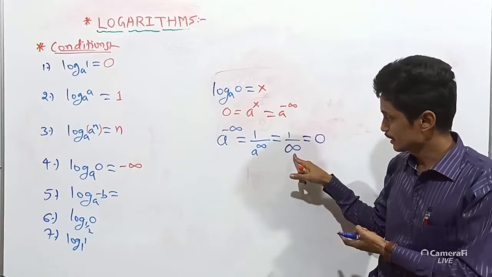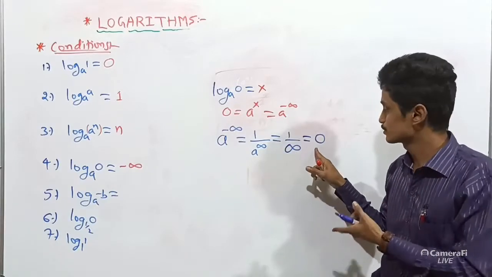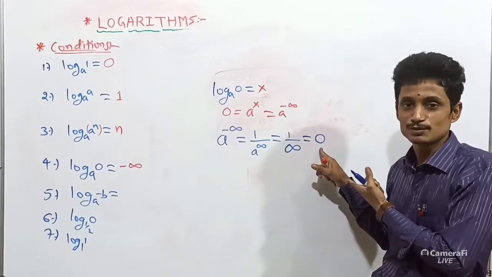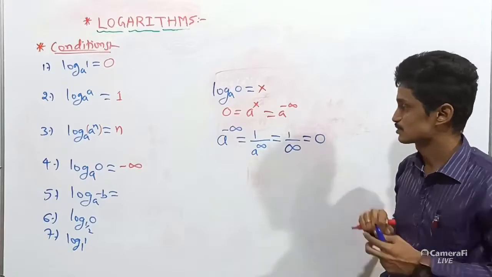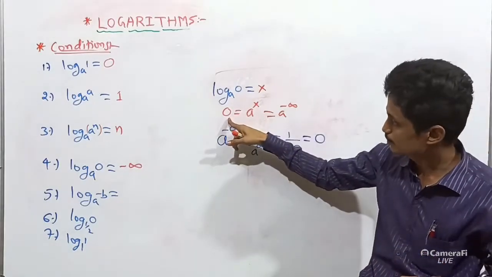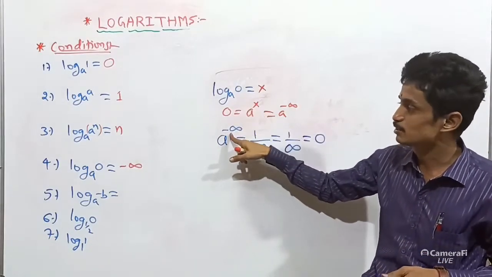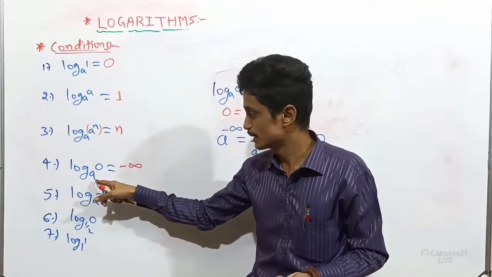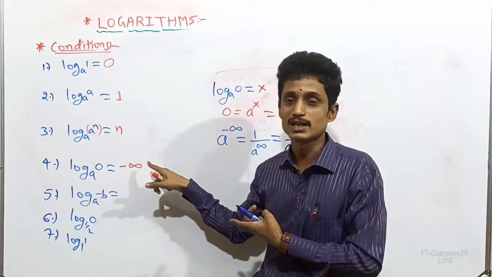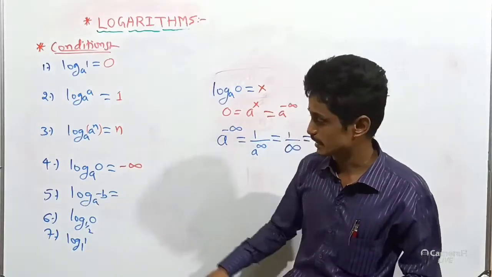That time 1 divided by a large quantity, the answer will be very small, getting closer to 0. That's why our answer is 0. When we have a 0, x will take the value minus infinity. Keep in mind, log 0 for any base is minus infinity.